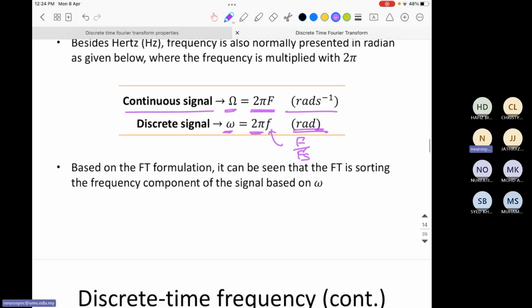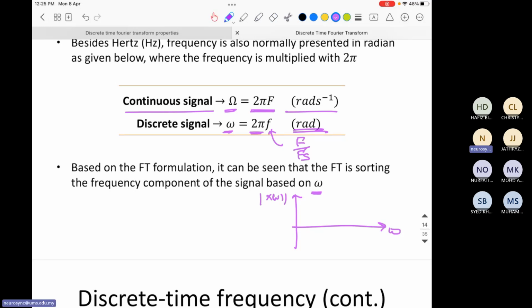Okay. So when we apply the discrete time Fourier transform, what we are basically doing is sorting out the frequency components of the signal, and this is based on omega. So you will always find omega on the x-axis, and there may be the magnitude of the system here, X of omega.